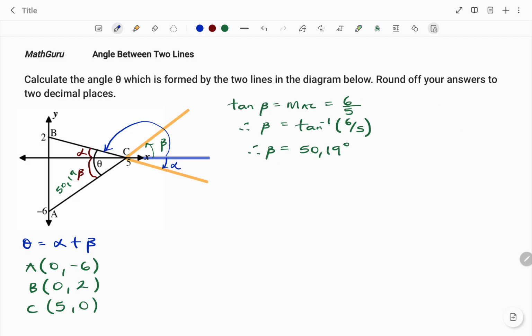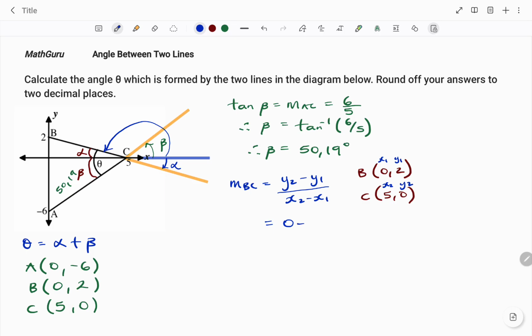So using that concept, the first step is finding the gradient of the line BC. So I have MBC equals my change in y divided by my change in x. Using the coordinates B is 0, 2, and C is 5 and 0, and tagging my points as x1, y1, x2, y2, I'm going to substitute those values.